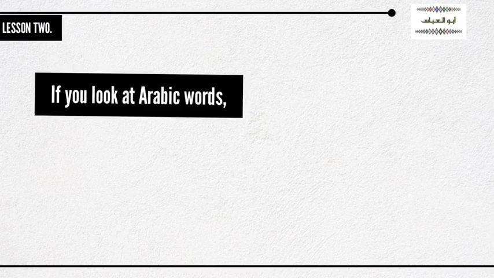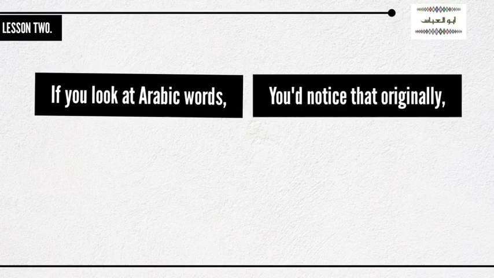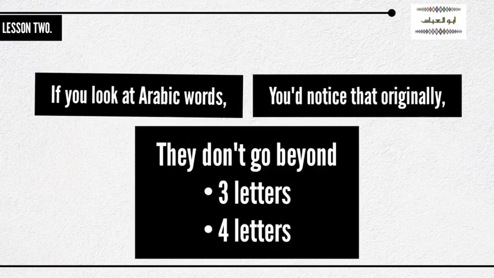Now, if you look at Arabic words, you would notice that originally they do not go beyond 3 letters or 4 letters. So either it is 3 letters originally or it is 4 letters originally.